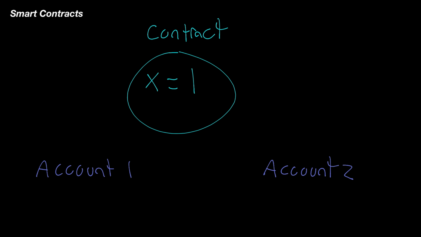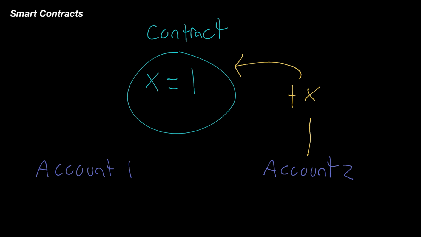Okay, so let's see now how we actually call a smart contract, because I keep saying this: for it to do anything, we need to call it. Calling a smart contract is really just making a transaction that requests some operation be performed on the contract, okay? So from account 2, maybe we make a transaction. In fact, let's just write TX here representing transaction, and this transaction is going to the smart contract.